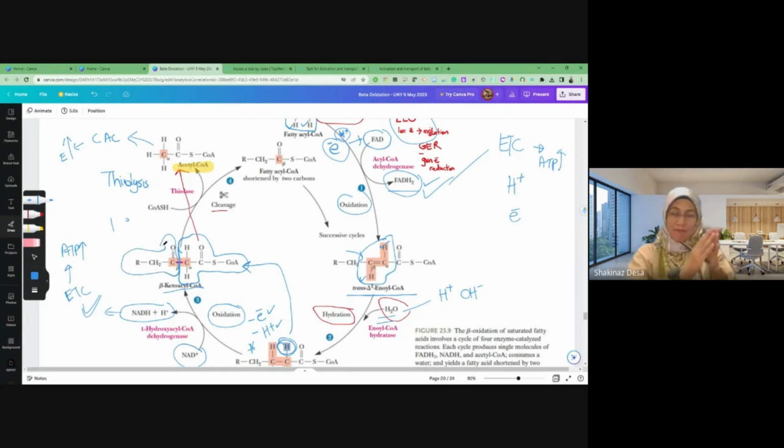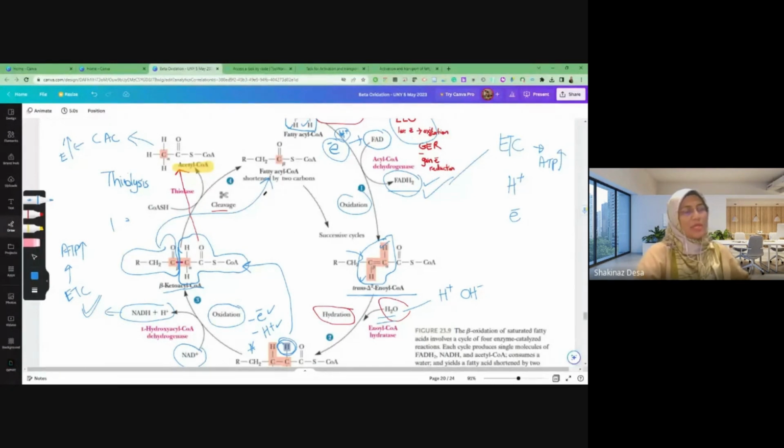This remaining still has a long carbon chain. What will happen is it will be shortened. Okay, it will be shortened. But it requires CoASH. Here, if you look, it's already shortened.